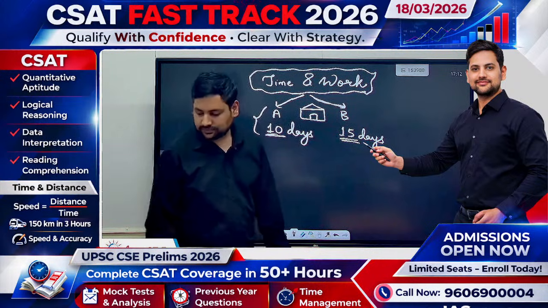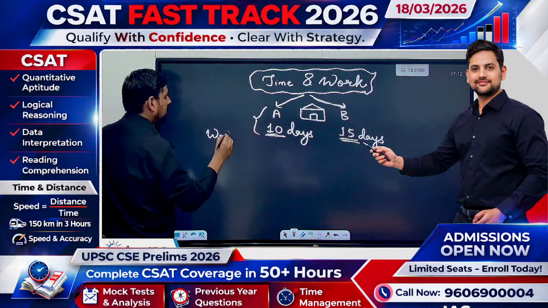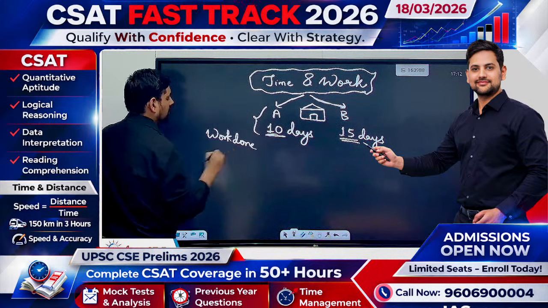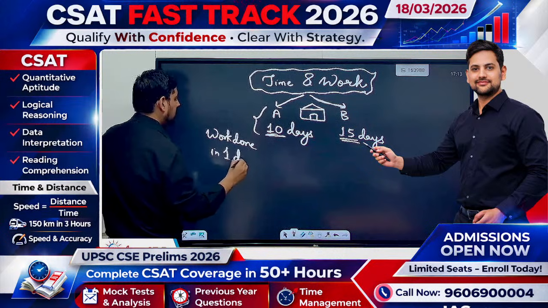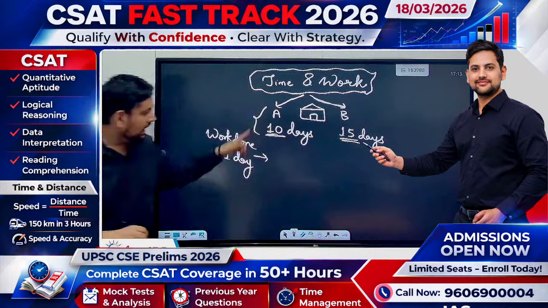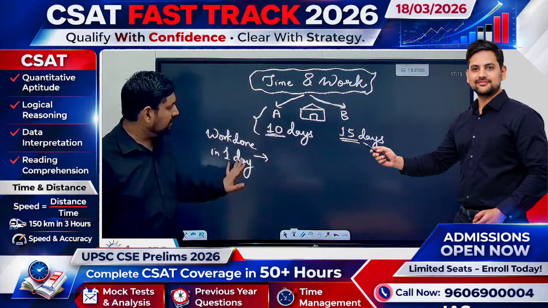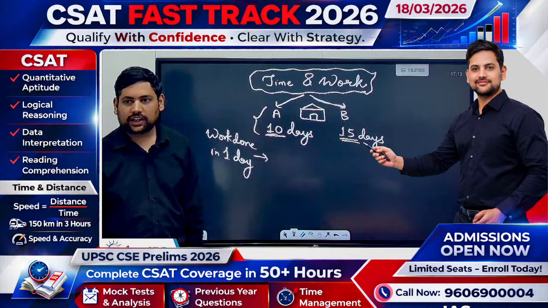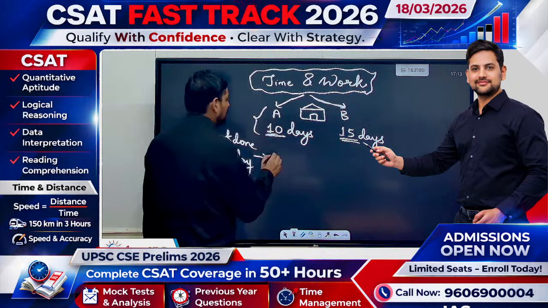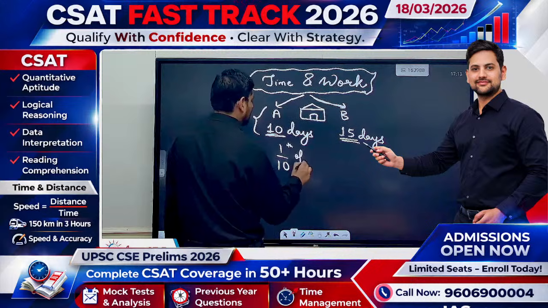Okay. Now, one thing that you can understand this by is work done in one day. How much work will be done by A in one day? If the total work is T, how much of that will be done by A in one day? In 1 day, yes. So basically, it will be 1/10th of the work.